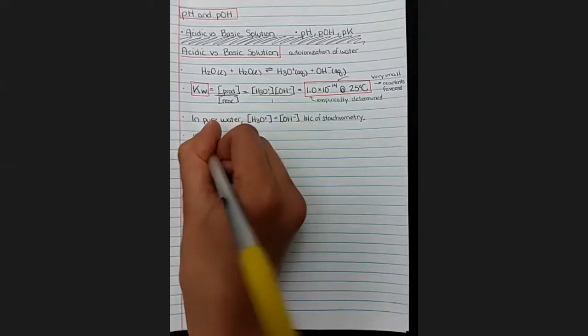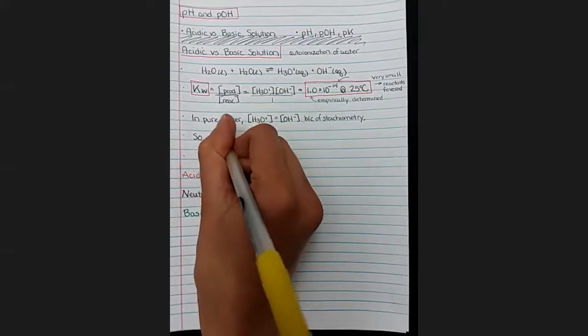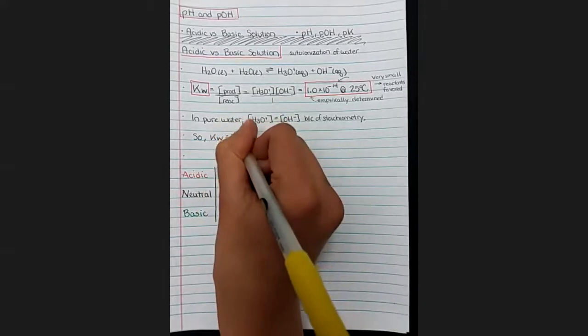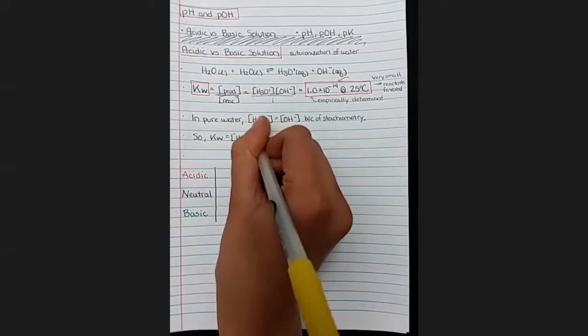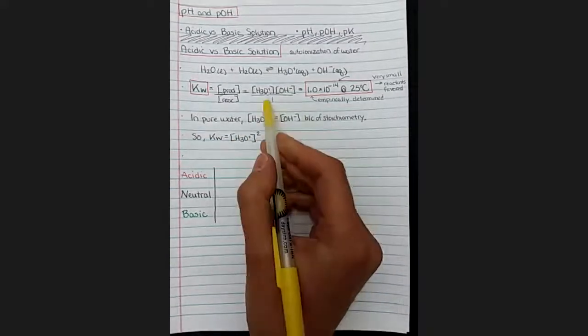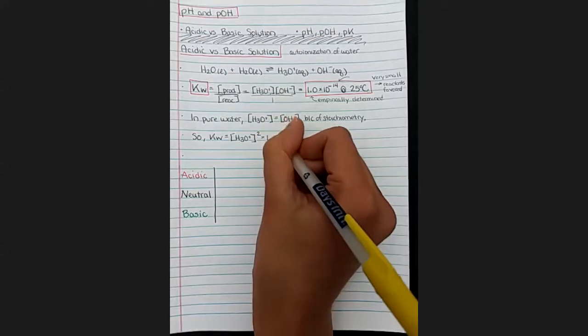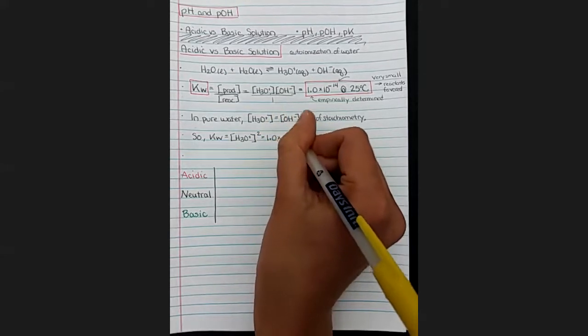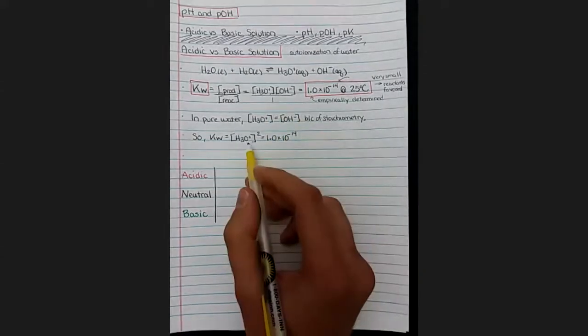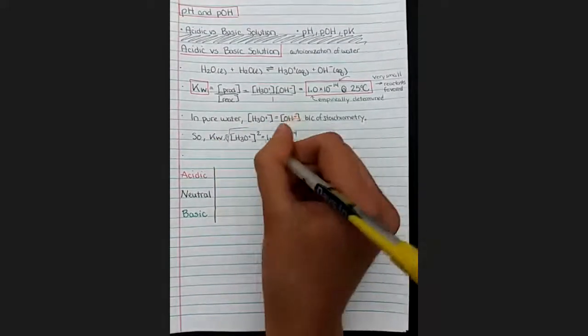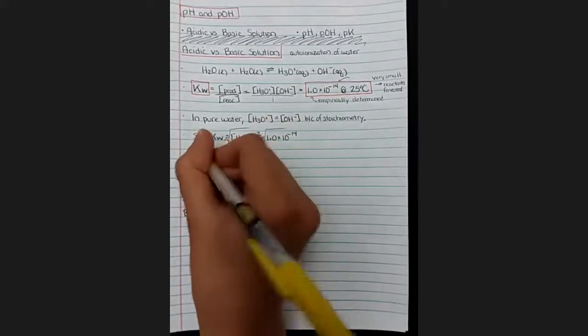So if those two numbers are equal, that means that the Kw can also be written as the H3O plus concentration squared, because these two things are the same. And that equals 1 times 10 to the negative 14th. And we can solve for H3O plus by taking the square root of both sides.